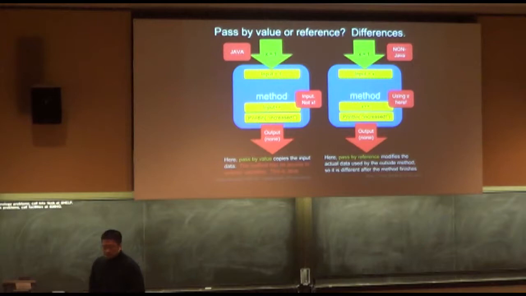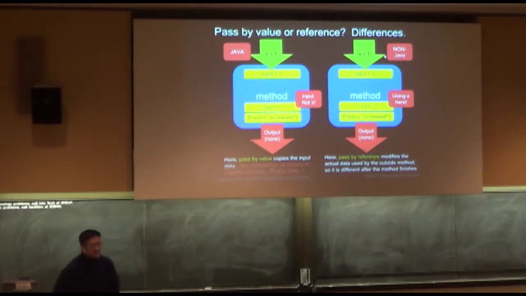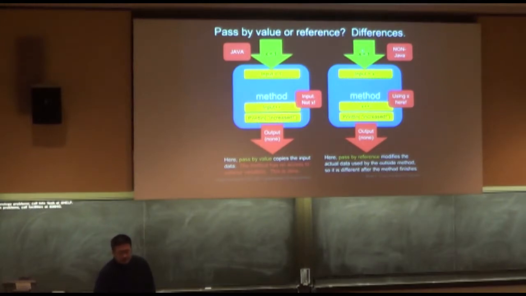In Java, on the left, I have that schematic that I showed you where x gets passed in, its value gets taken out of the x variable and copied into the input variable. Modification to inputs with no output results in no change in x on the exterior. Now, in non-Java languages, in pass-by-reference methods, I pass in x, and x is actually the value that gets modified.